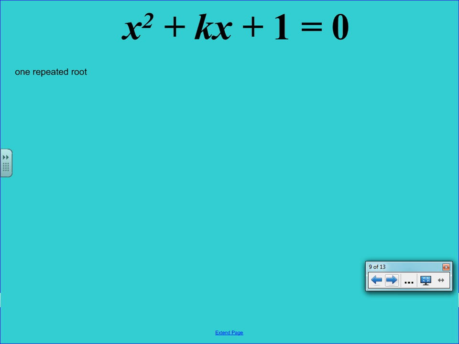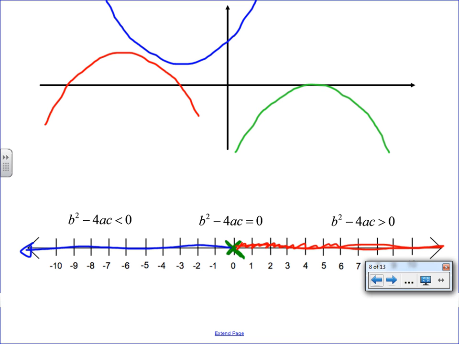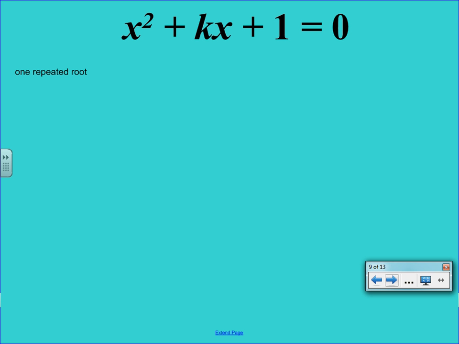In this question, we're told that the quadratic has one repeated root. Okay, which colour quadratic is that one repeated root? Green one, yeah. Green one's got one repeated, one touching root. So we know that b squared minus 4ac is equal to 0. Okay, what is a?